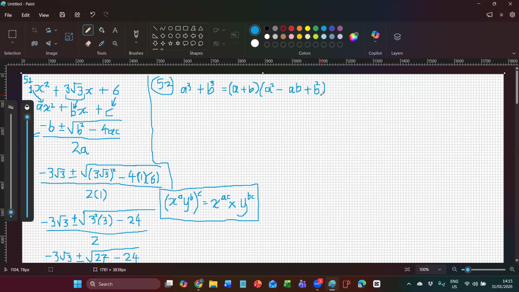Is it? What I'm checking is if these are actually the same.